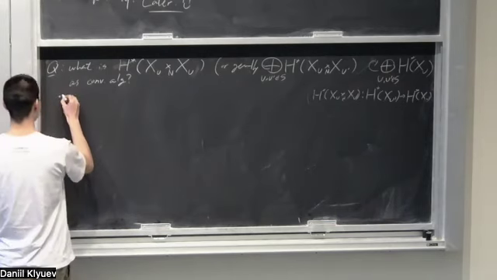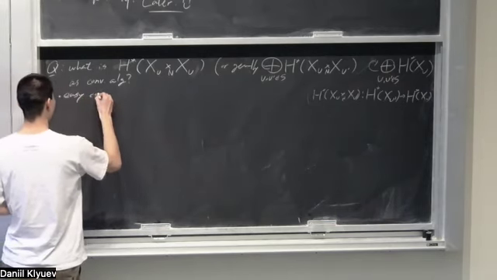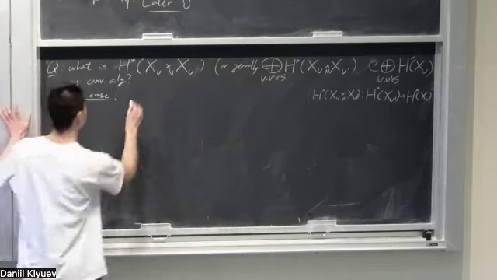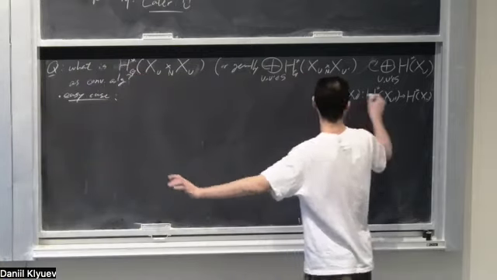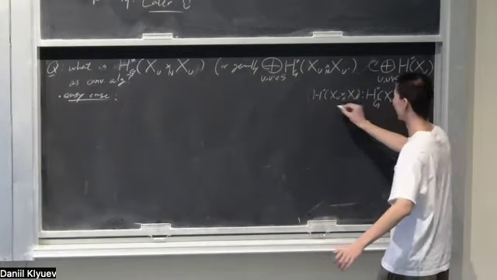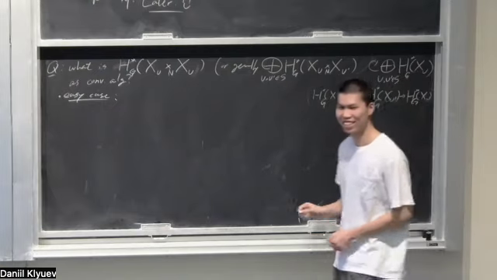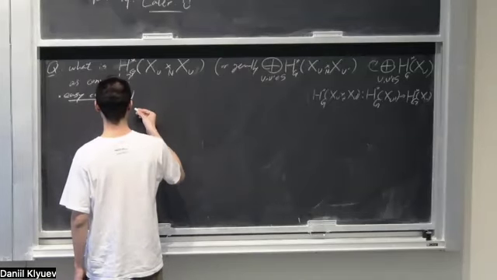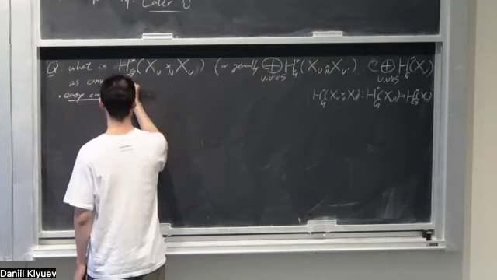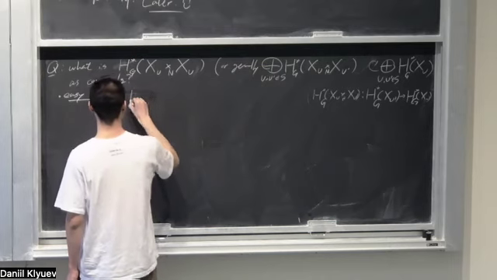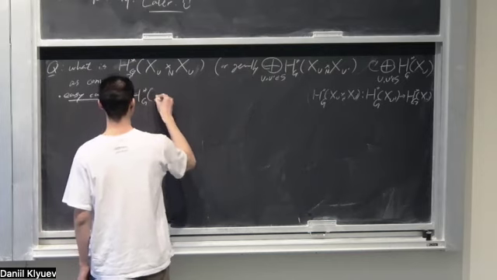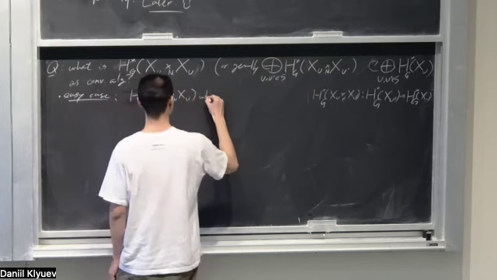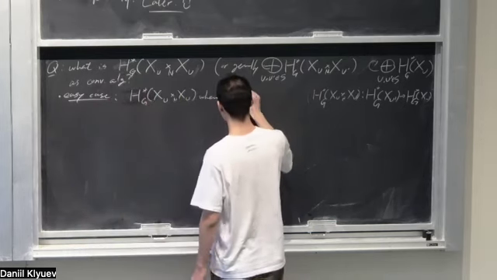Okay, so let's do an easy case. N is, or rather, H, G with the same U's on both sides, where U is G stable.